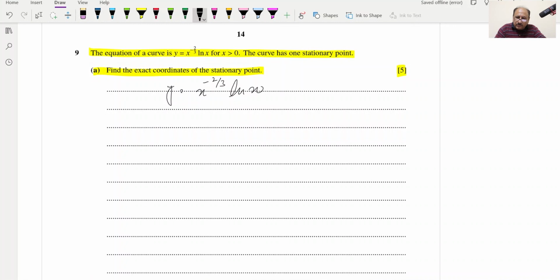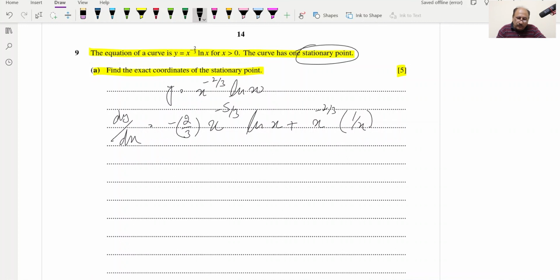We will use this, and for the stationary points we are taking derivatives, so we take dy over dx. This will be in u and v format, so we take the derivative of the first, which is minus 2 by 3 times x raised to minus 5 by 3, and log x as it is, plus x raised to minus 2 by 3 as it is, and the derivative of log x will be 1 over x.